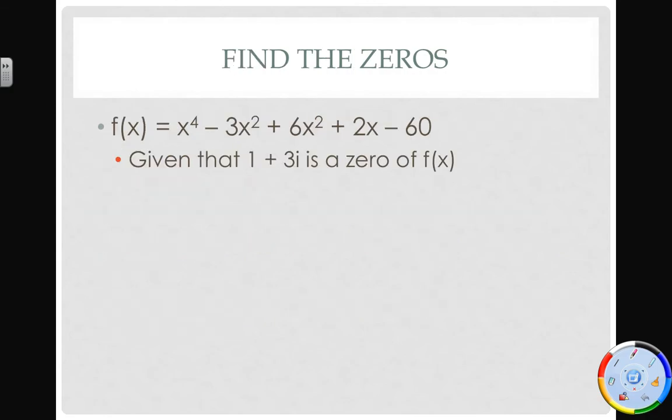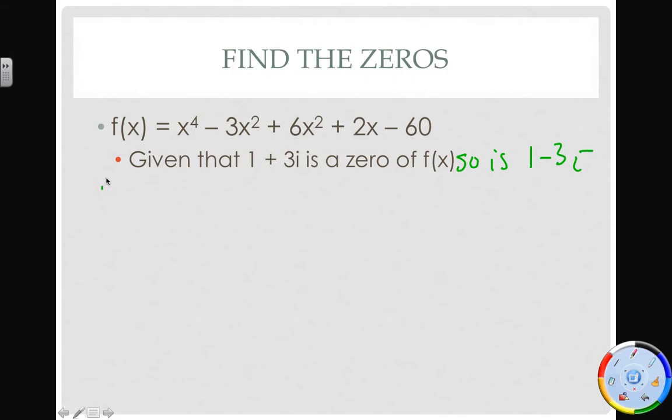So here's something that we're going to do. We're not going to use synthetic division here, even though you can. Synthetic division gets a little bit difficult. But since I know that 1 plus 3i is a 0, so is 1 minus 3i.